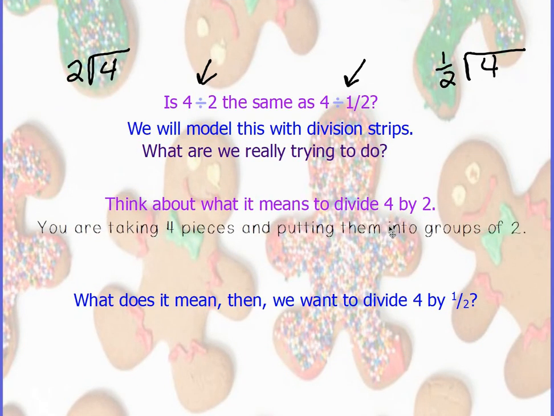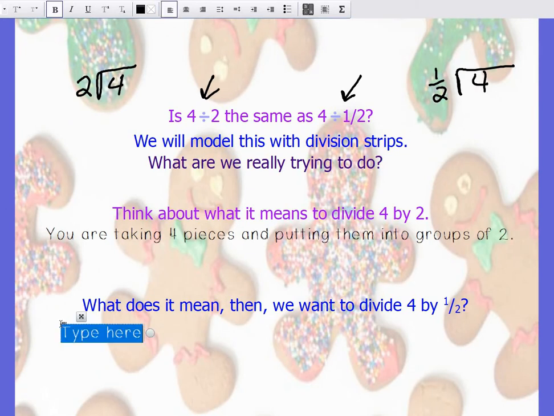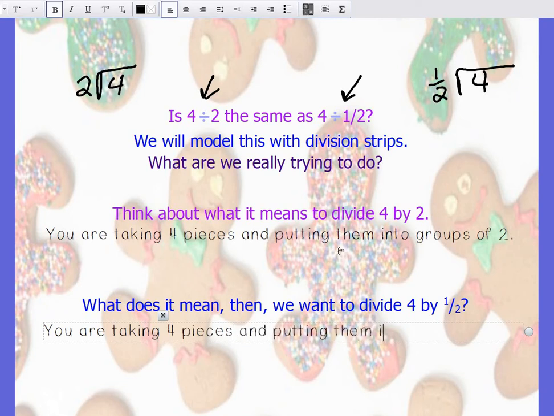So keeping that in mind, let's think about what's happening when you're dividing 4 by half. So if when I took 4 and divided it by 2, I was putting those 4 pieces into groups of 2, what that would mean now is that I'm taking 4 pieces and putting them into groups of 1/2.